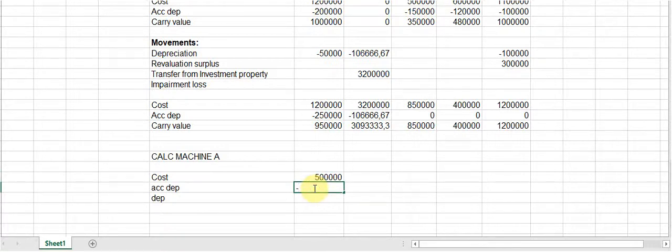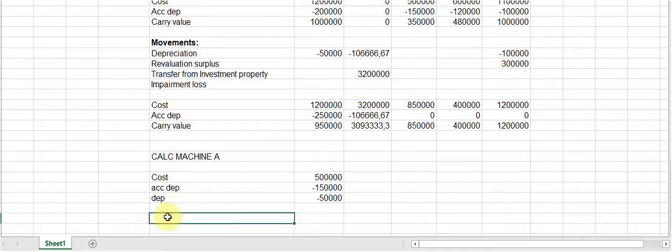The accumulated depreciation was 150,000. And then the current depreciation will be 500,000 divided by the useful life of 10 years. We've had this asset for the whole year, so the depreciation is 50,000. I just want to type it negative as well.